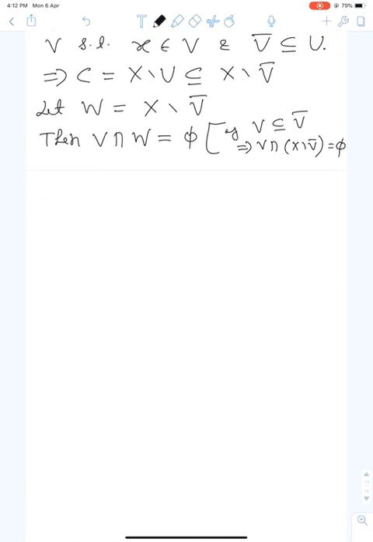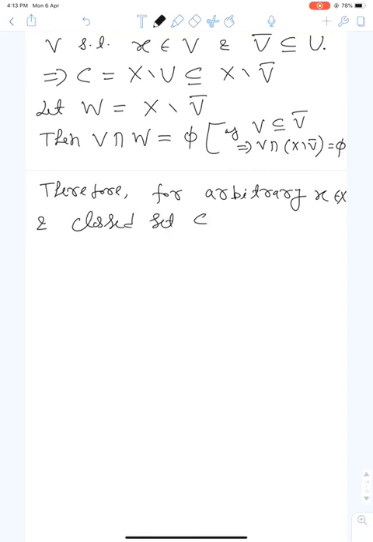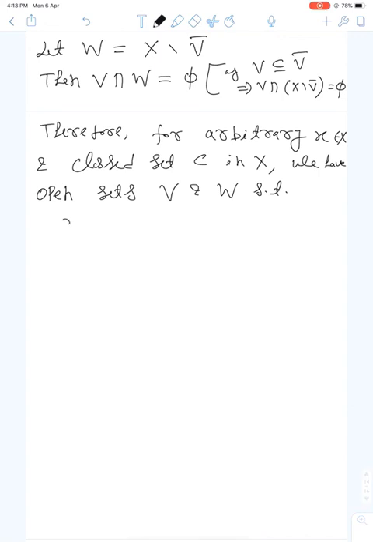Okay, so therefore we had two arbitrary objects, one is the point x, another is the closed set C. Therefore for arbitrary x and closed set C in X, we have open sets V and W such that x belongs to V, C is a subset of W, and V intersection W is empty.